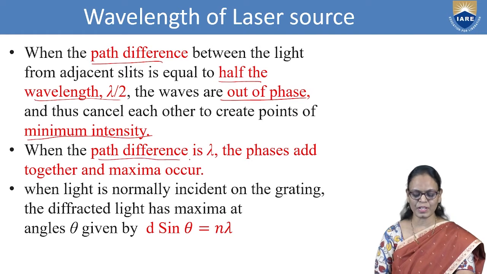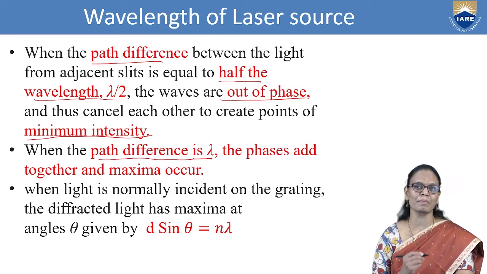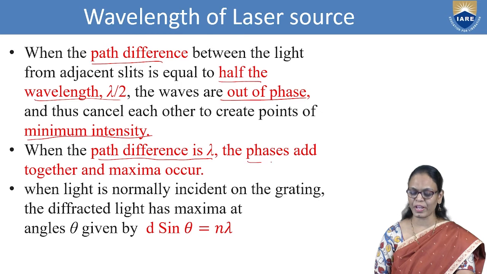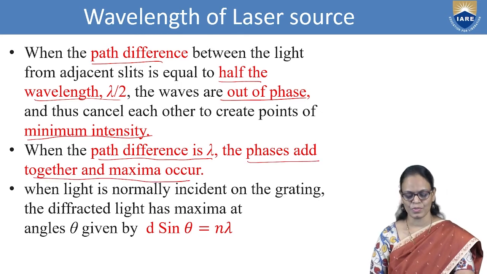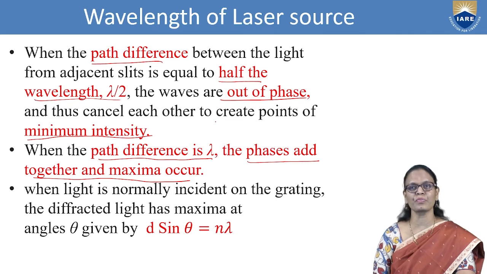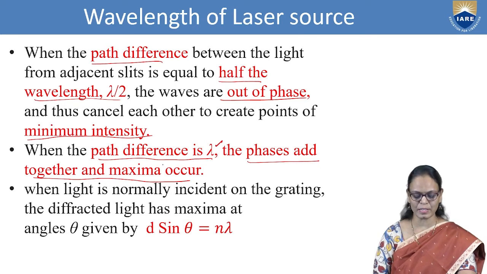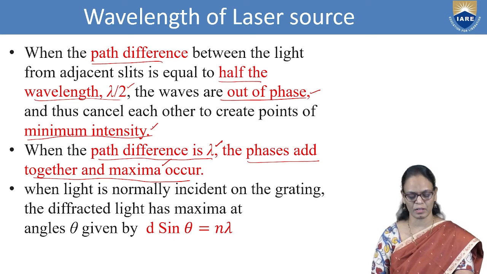And when the path difference is lambda, or an integral multiple of lambda, the waves are in phase and maxima will occur. So whenever there is a difference in path, if the path difference is an integral multiple of lambda, you will have maxima, that is the bright bands. Whenever the path difference is an odd multiple of half the wavelength, then they are out of phase and you have minimum intensity, that is a dark band.